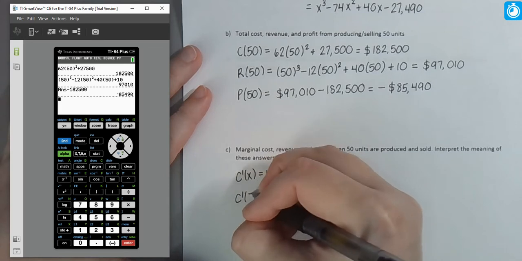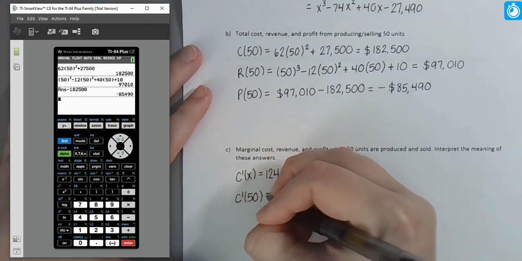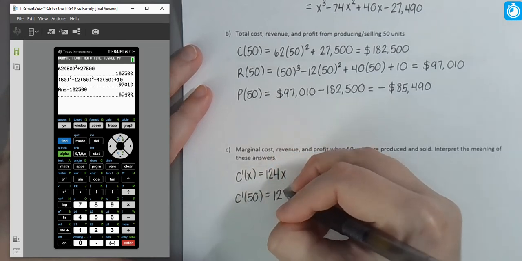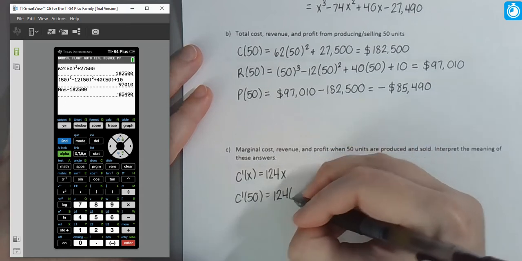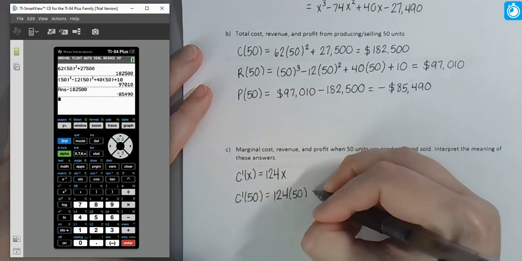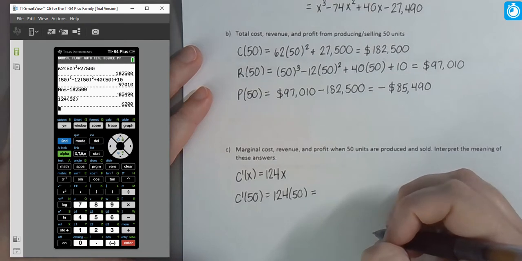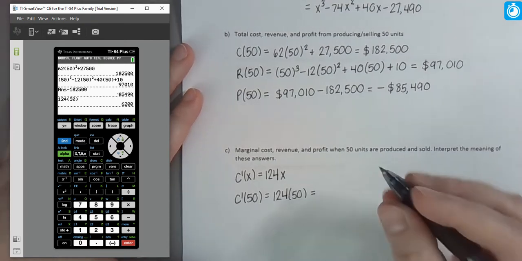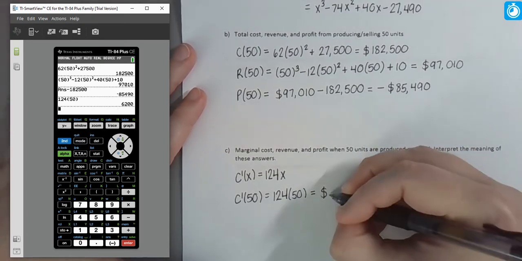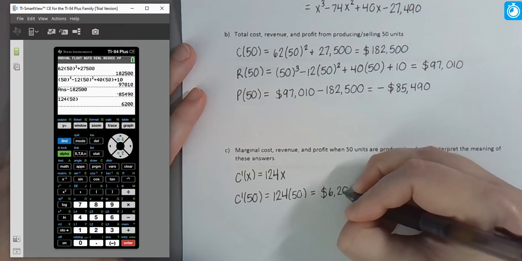So C prime of 50 is going to be 124 times 50. And again, we can sub that into the calculator. 124 times 50, 6,200. What's the unit here? The unit is still dollars. So 6,200.